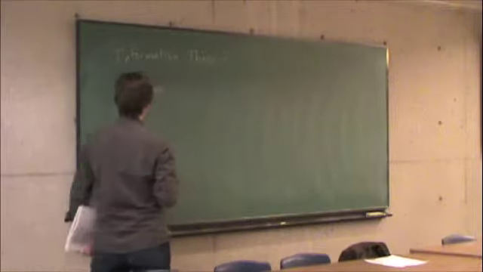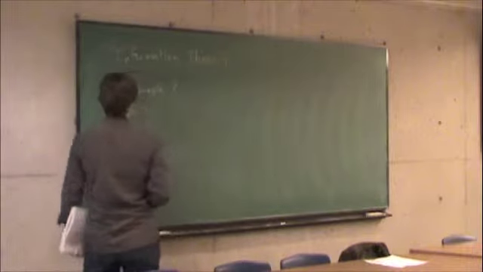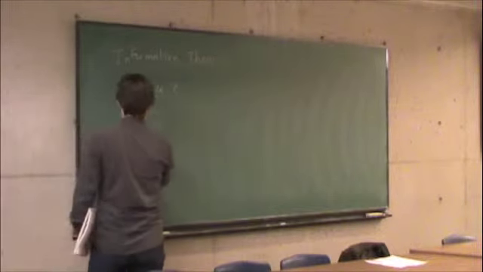Half of you would get an A. Probability of getting a B is, let's say, 1/4. Probability of getting a C is 1/8. And the probability of getting a D is 1/8.